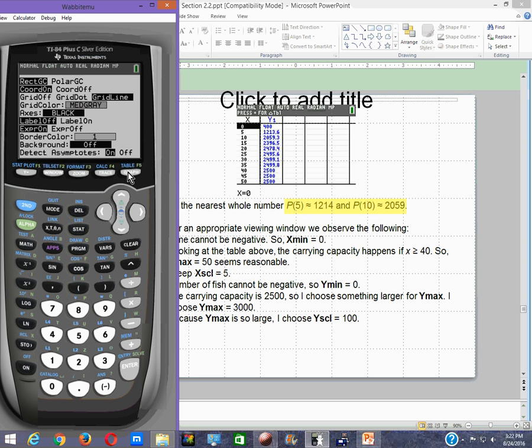Oops, I guess I got to quit this screen. Have I locked up this calculator now? Looks like I've locked it up. Locked up the computer as well. Let's see if I can get out of this.